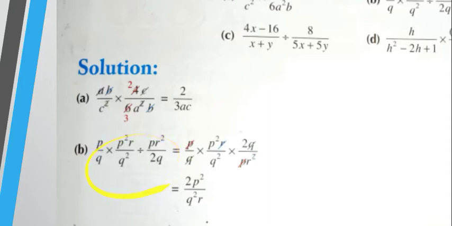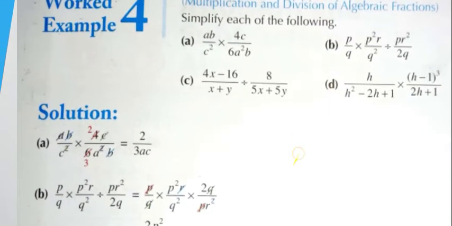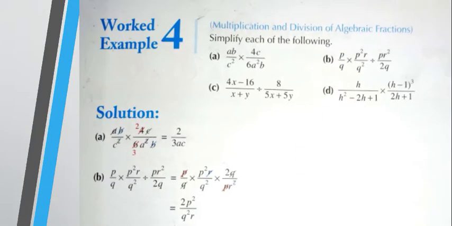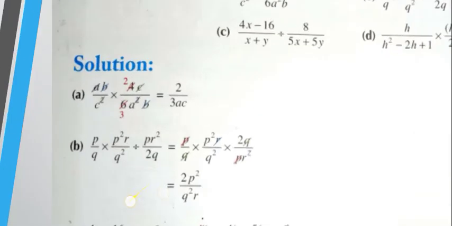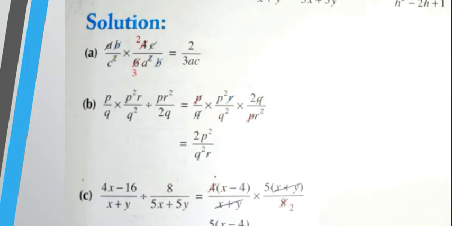Number B, the question is P over Q times P squared R over Q squared divided by PR squared over 2Q. So the last one will be times 2Q over PR squared, right? Upside down. And then we can start cancelling those that we can.